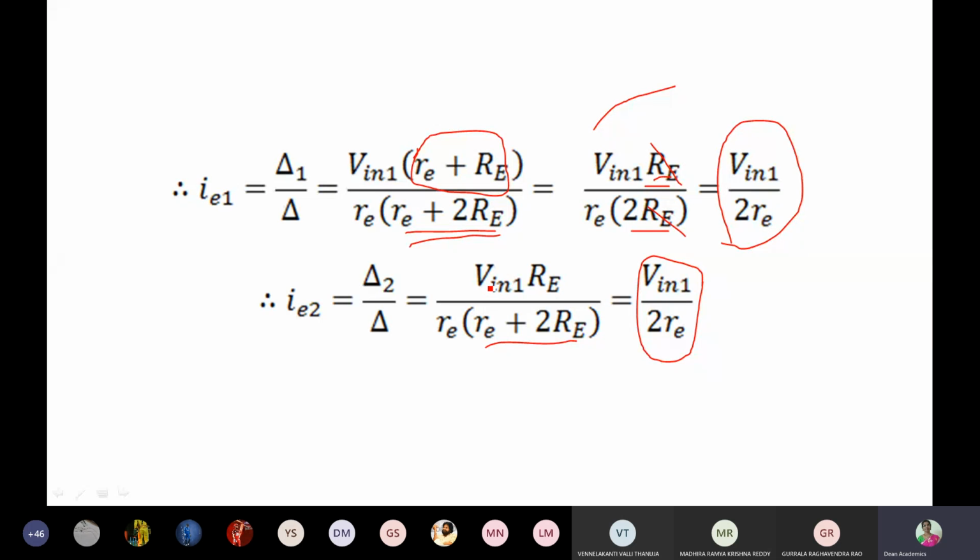Right? So why do we calculate this IE1, IE2? We want to know what IC1, IC2 are. Why do we want to know IC1, IC2? We want to calculate the output voltage. The output voltage is measured at the collectors, so there we should know what current is flowing. That's why we are doing all that.